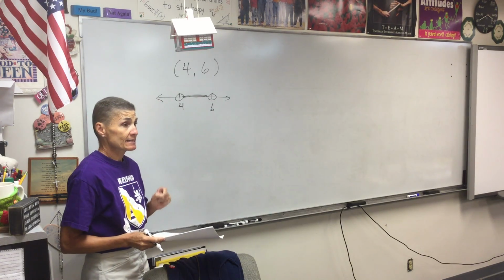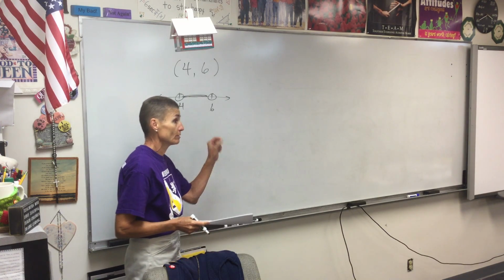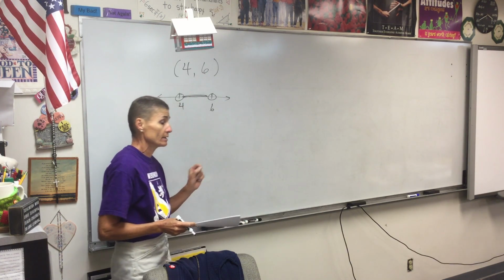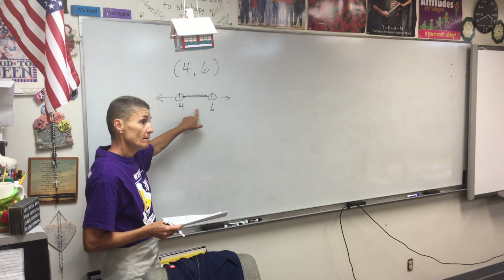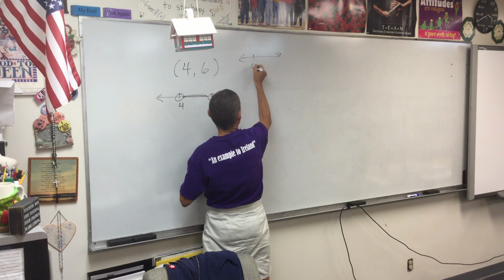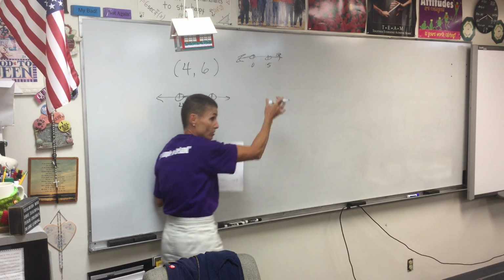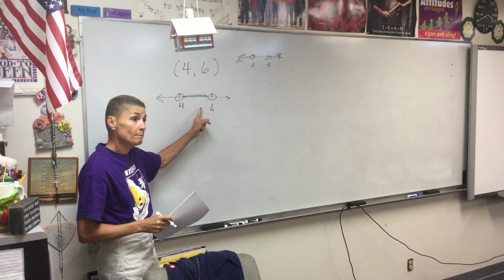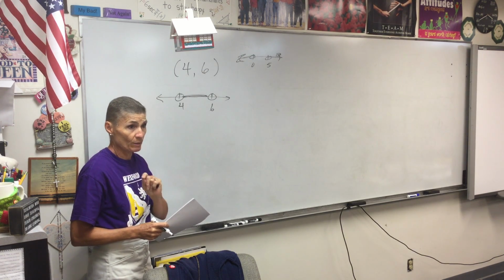Now we're going to write that as an inequality. That means we're going to write it with less than or greater than symbols, inequality symbols. When there is only one piece of the number line shaded, as opposed to a picture where we have 2 parts shaded, then you should only have one inequality written on your paper.